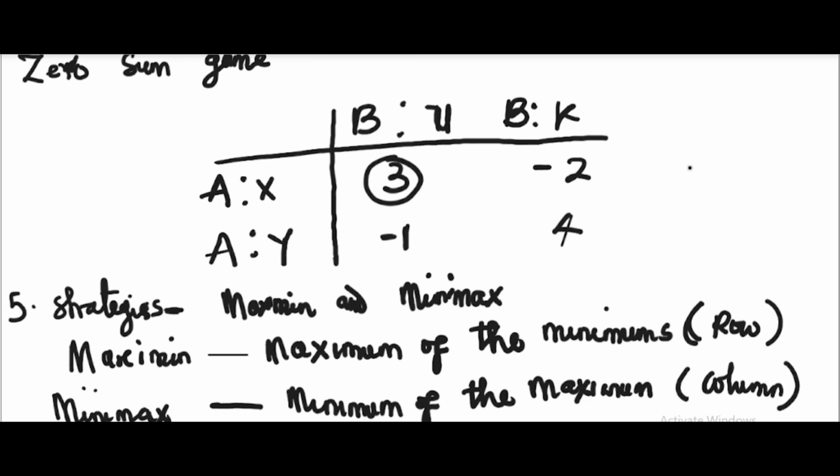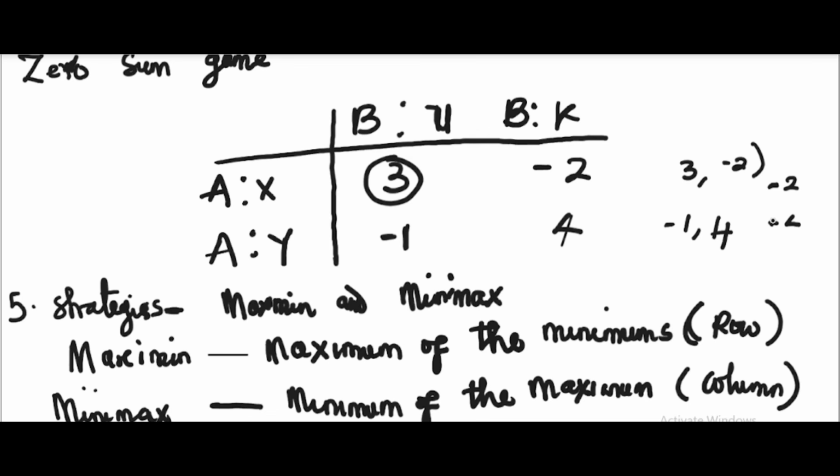We have 3, -2. In this 3, -2, we have -2 as the minimum. Then we go to the second row, we have -1, 4. What is the minimum there? We have -1, right? So for the maximin, we pick the maximum of the minimums, and we do that row wise.